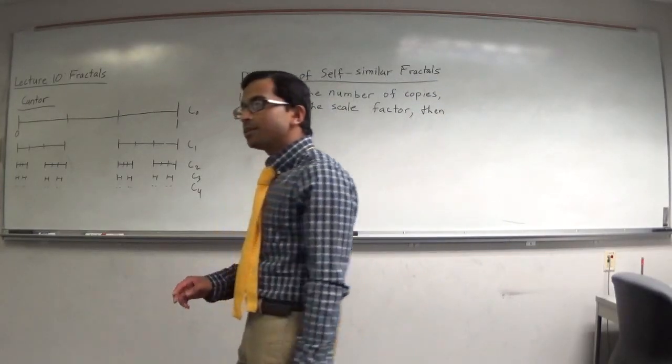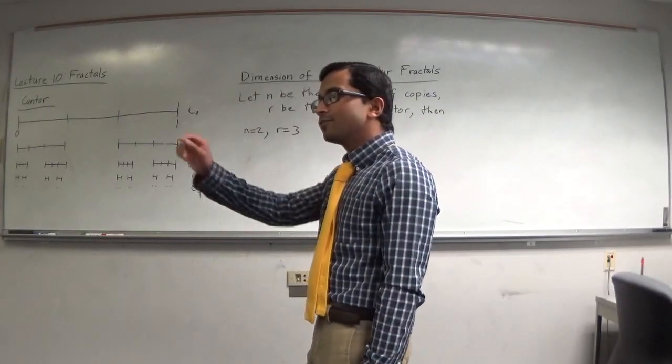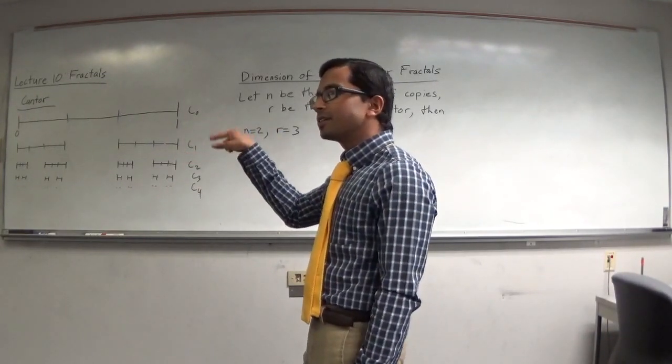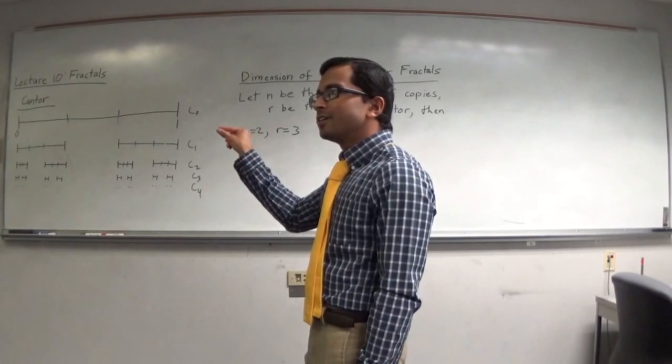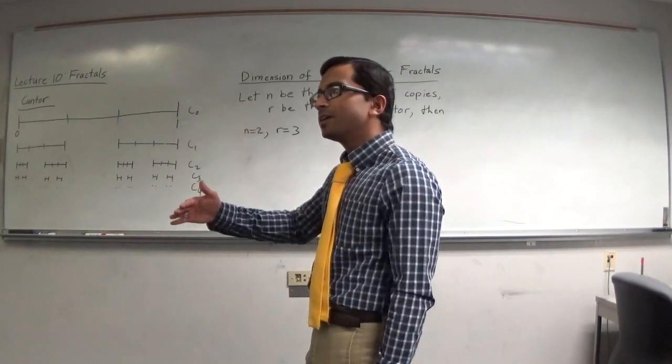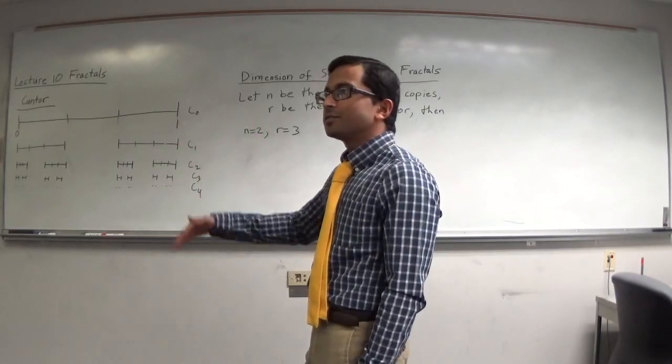So then we see that if we have n equals r to the d, that d is going to give us our dimension. For a one-dimensional object, we have one copy that's scaled down by 1, so it's one-dimensional.